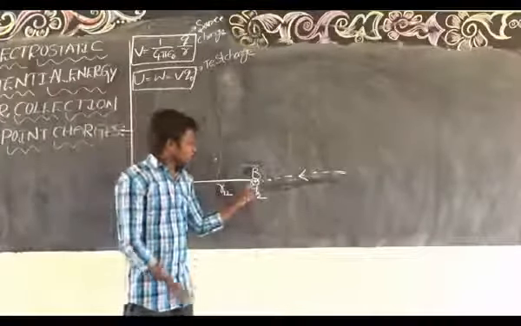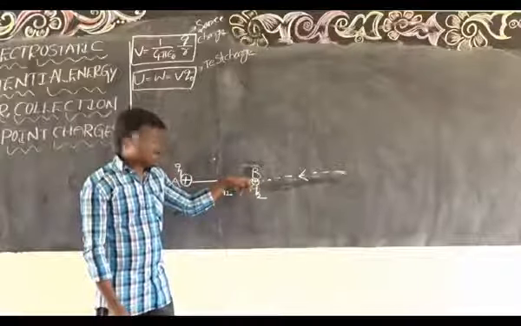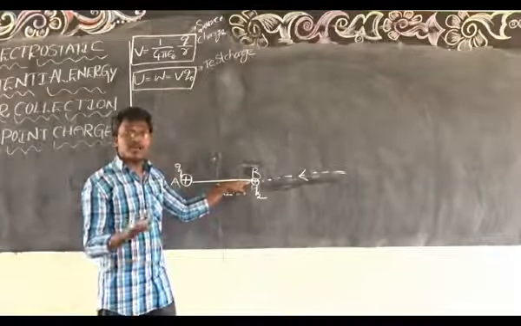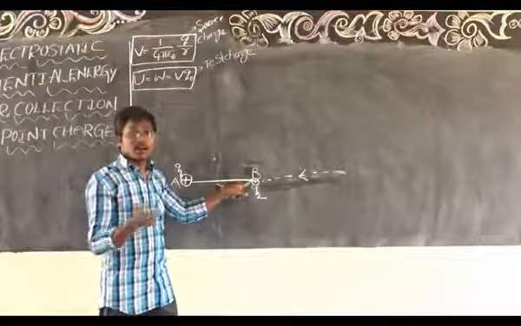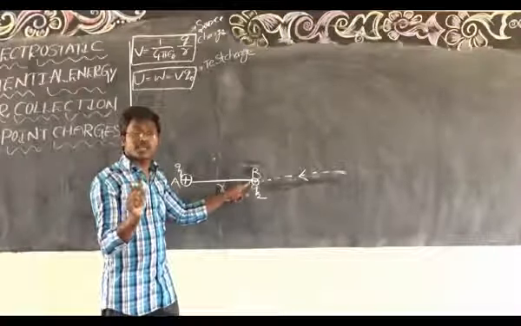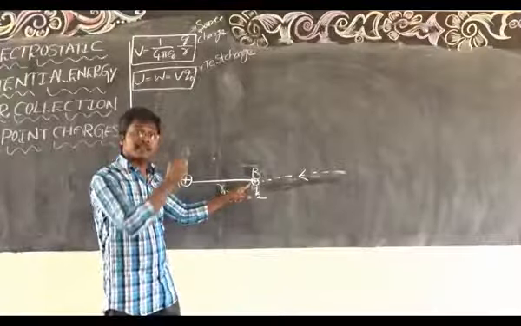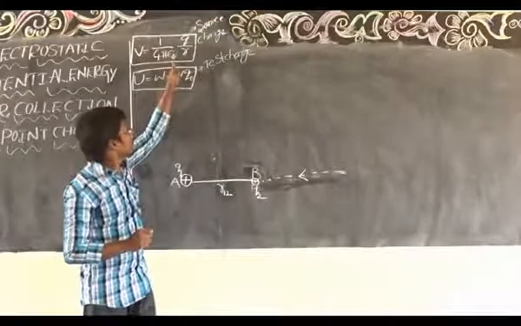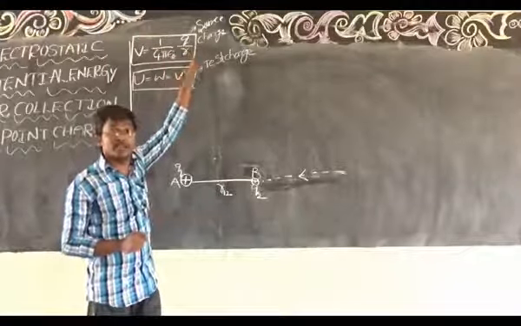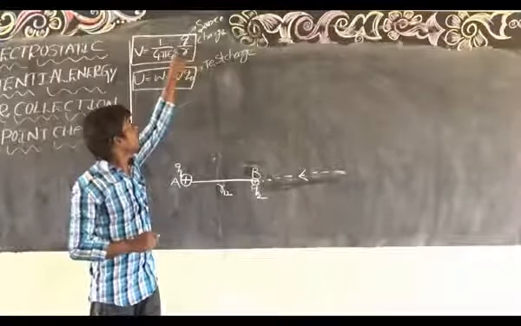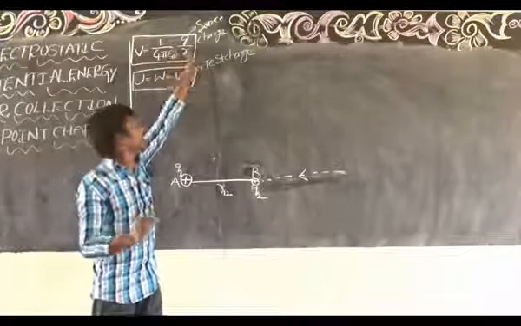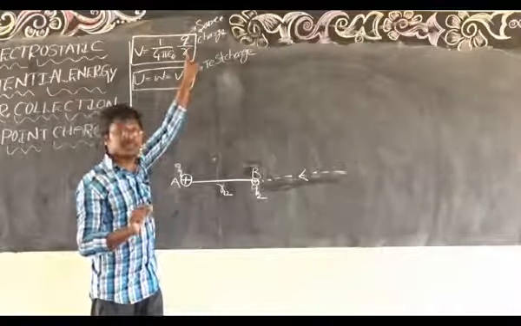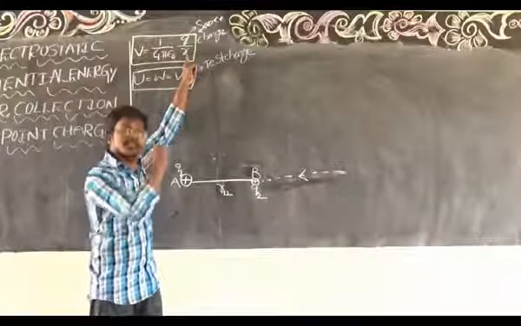The electrostatic potential at point B. How much is it? In the previous class we already found it: V is equal to 1 by 4 pi epsilon naught into Q by R. Here 1 by 4 pi epsilon naught is a constant, Q is the source charge, and R is the distance between the source charge and test charge.